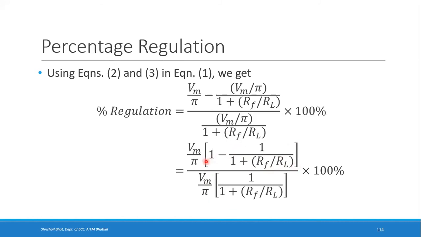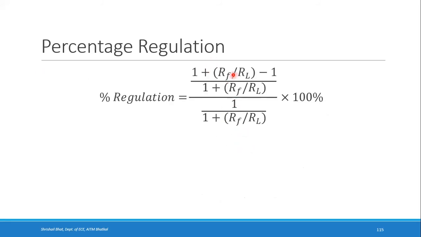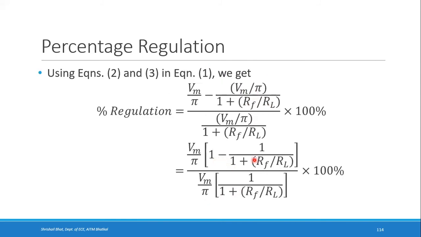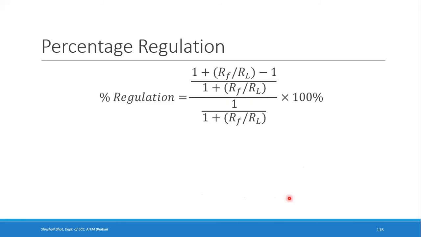If I take LCM as 1 plus Rf by RL, then this term will go to the numerator as 1 plus Rf by RL minus 1, divided by 1 plus Rf by RL. It's the common denominator. And in the denominator, we have again 1 divided by 1 plus Rf by RL.